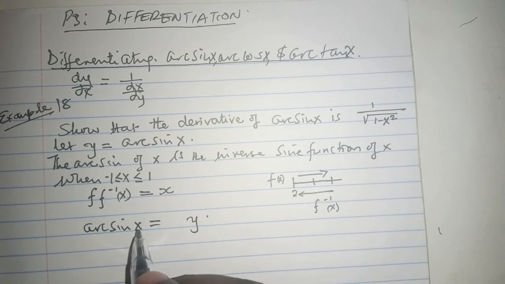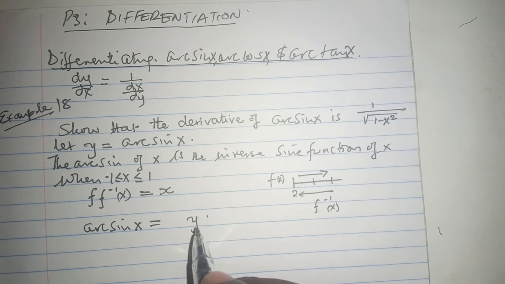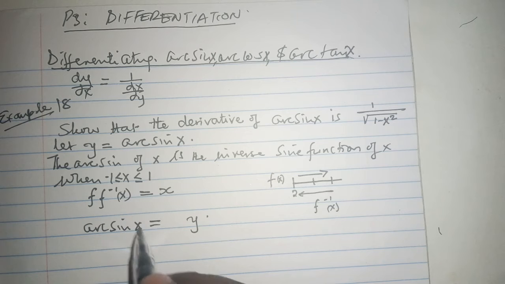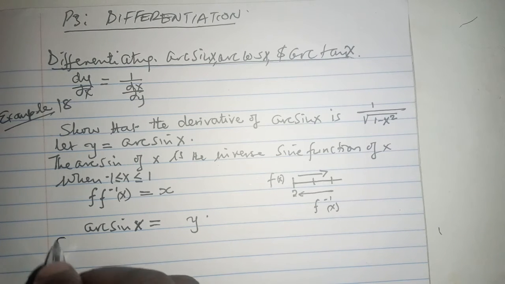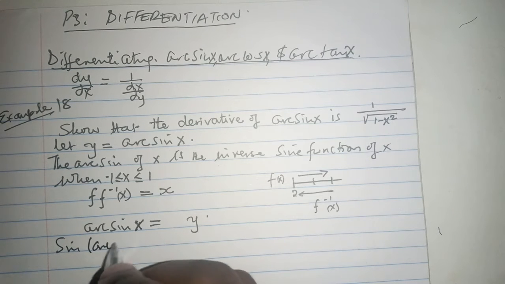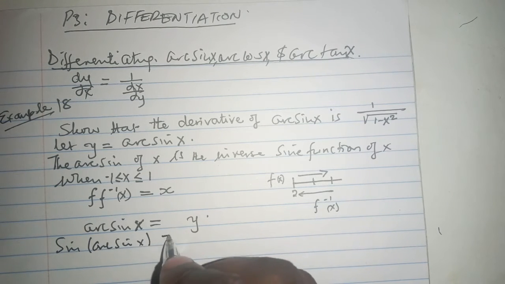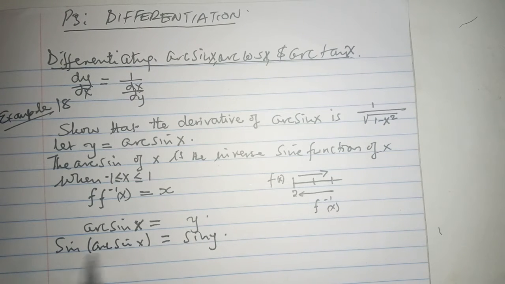If we want to get x, we must introduce the inverse, which is now the sine. Introducing the sine on both sides, we have the sine of arcsin x equals the sine of y, because a function followed by the inverse function of whatever variable gives us that variable. So x equals the sine of y.